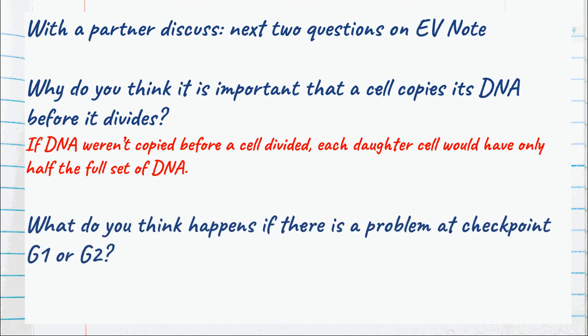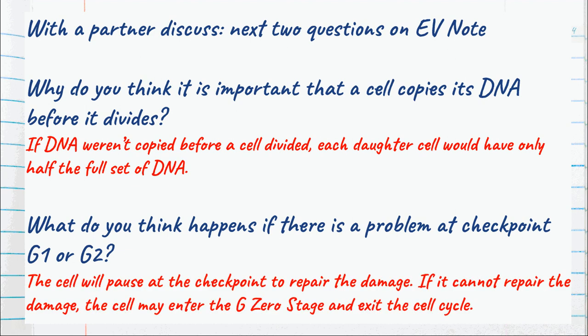Okay, what do you think happens if there is a problem at one of the checkpoints, G1 or G2? If the cell encounters a problem at one of these checkpoints, then the cell will try to repair the problem or repair the damage. If the damage cannot be repaired, what happens is the cell may enter what's called G0 stage.